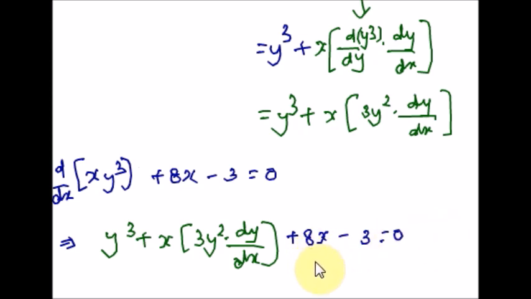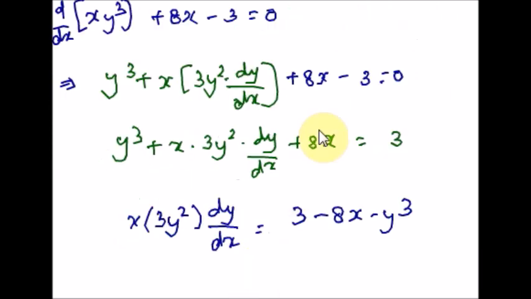So it will vanish from the left side of the equation and be shifted to the right side. Same way, subtract y cube from both sides of the equation and then divide the entire equation throughout by the coefficient of dy over dx. Adding 3 on both sides, subtracting 8x and y cube from both sides of the equation, we get this. Now divide the entire equation throughout by 3xy square or 3y square x.